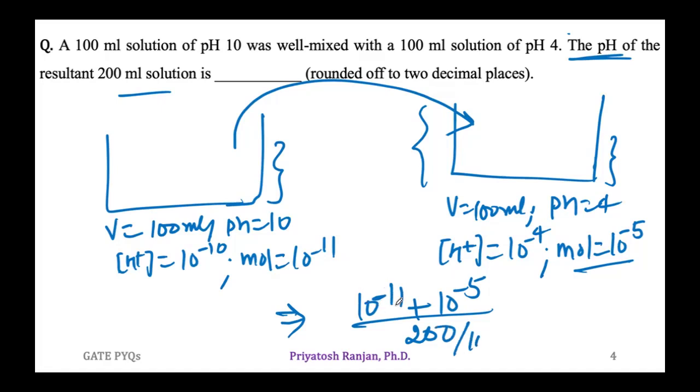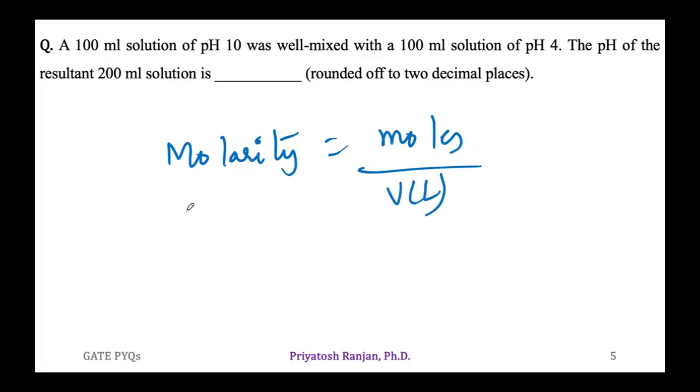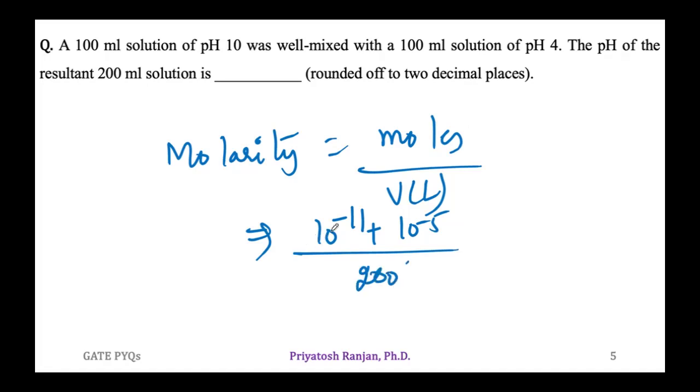So 200 divided by 1000. If you all can recall, I described this formula molarity equal to moles by volume of solution in liter, and that's all I'm doing. I'm adding up the moles and then I'm dividing it by the total volume in liter.